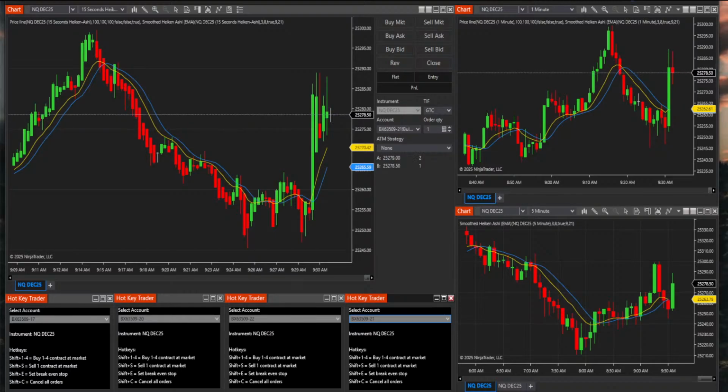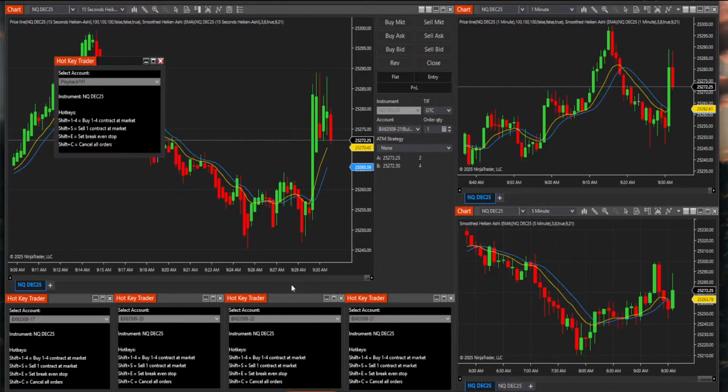This indicator, it might actually be recompiling. Yeah, it recompiled. I didn't have to bring it up.